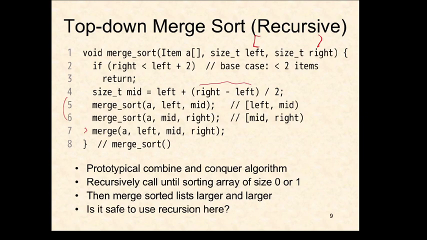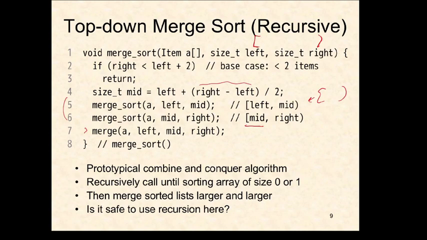Okay, so we figure out what the midpoint is. Then we merge sort from left to mid, and notice the inclusive exclusive in this line. So we go from left up to but not including the middle. Then we make a recursive call from the middle inclusive up to but not including the right.